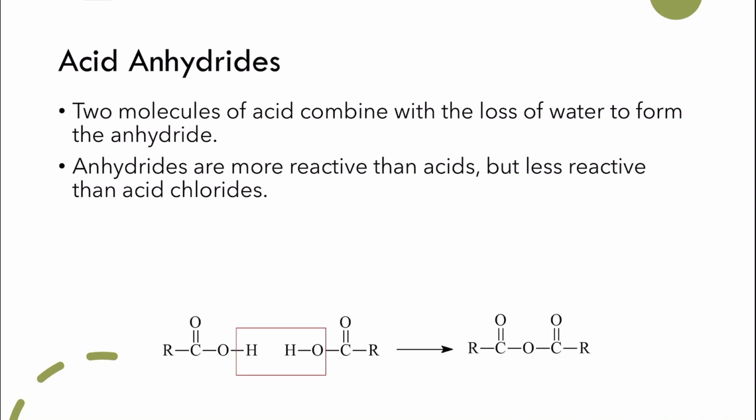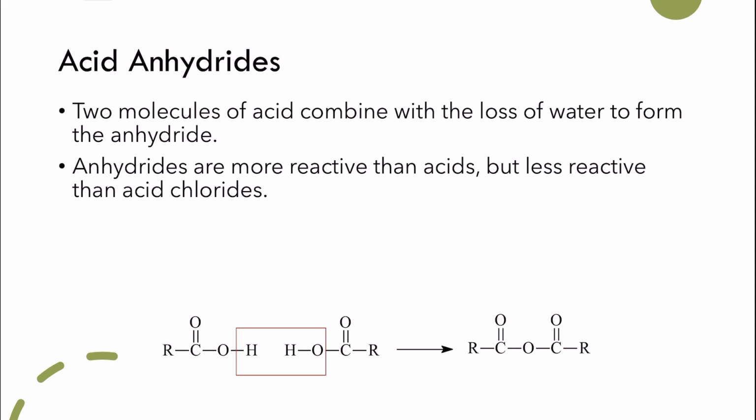What about acid anhydrides? We said that acid anhydrides come from replacing the OH with a carboxylate group, an alkyl carboxylate group. So how do we form an acid anhydride? Anhydride means remove water.